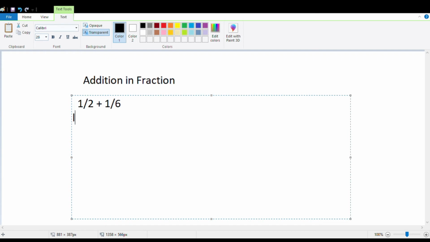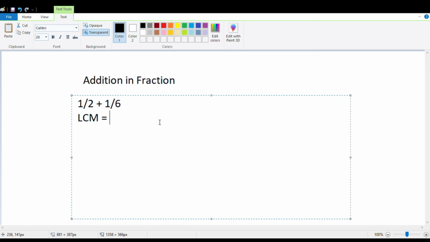So what are the denominators? 2 and 6. Since 2 and 6 are in the table of 2, the LCM is 6.